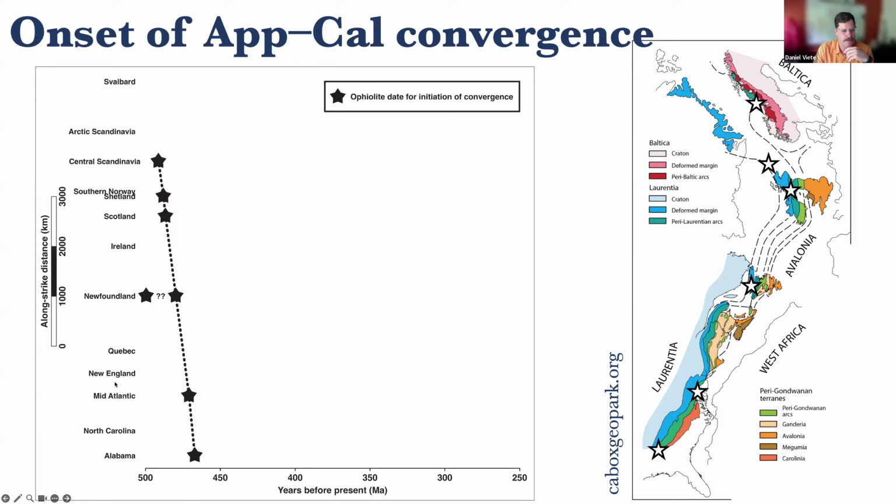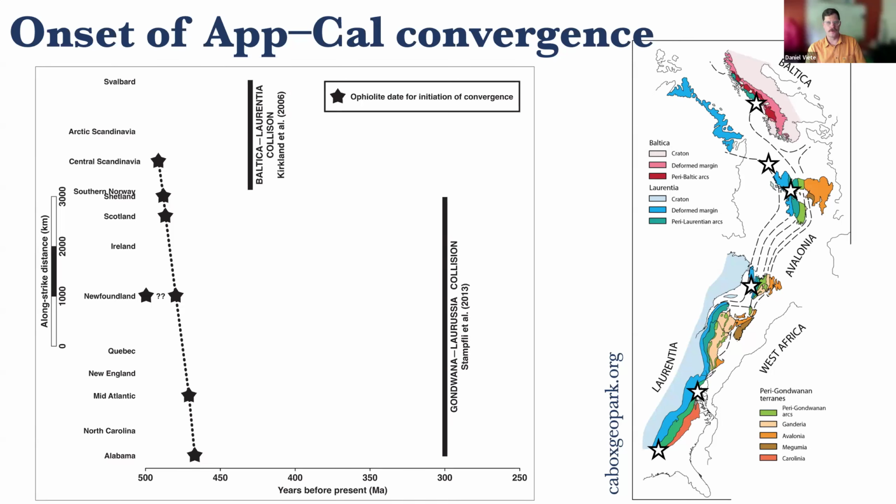So from Svalbard in the north to Alabama in the south, we've got about 7,500 kilometers in total, and 6,000 kilometers that are covered by our ophiolite subduction initiation constraints. And so you can see that subduction initiation gets progressively later, and it's about linear, about constant rate in terms of the propagation southward through the Iapetus Ocean.